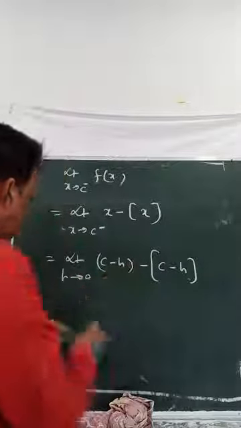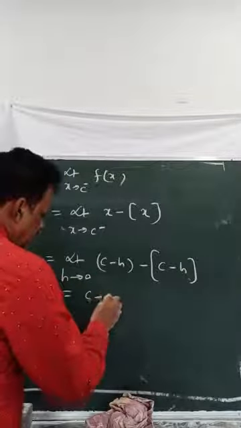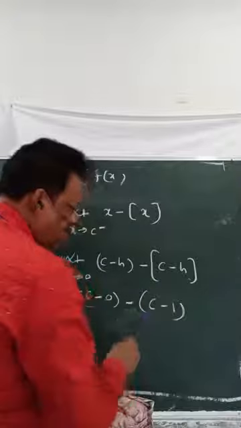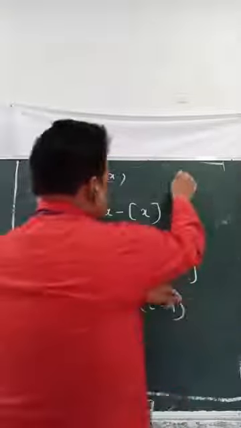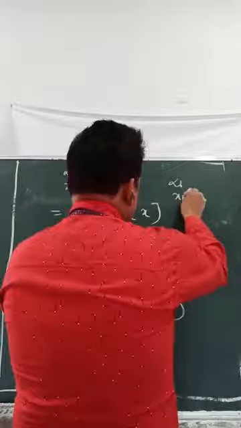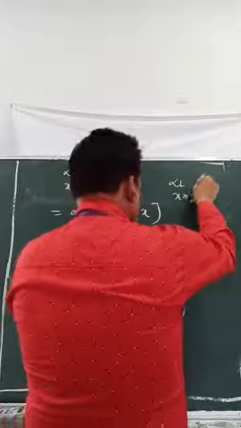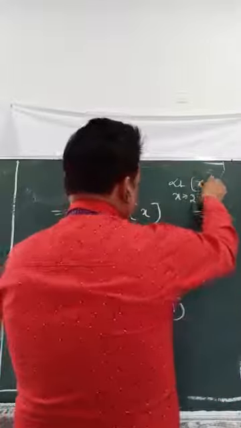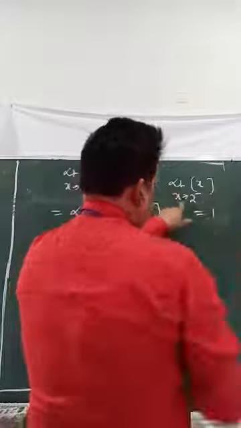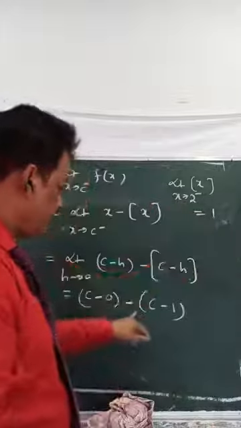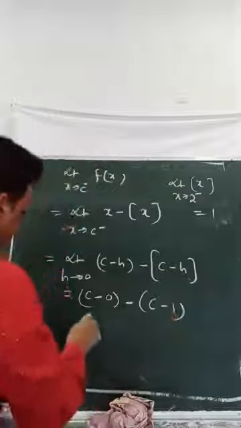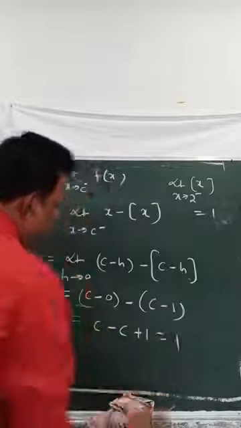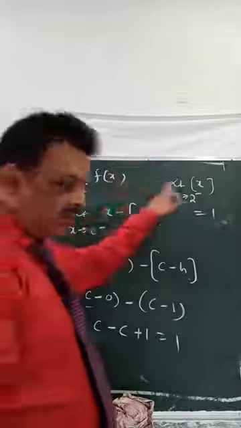So this will be c minus 0, but this will be c minus 1. Already I have told you, when you were checking limit x tends to 2 of box of x, that was coming 1. Same thing here. So that will be c minus c plus 1, which is 1. So this is our left hand limit.